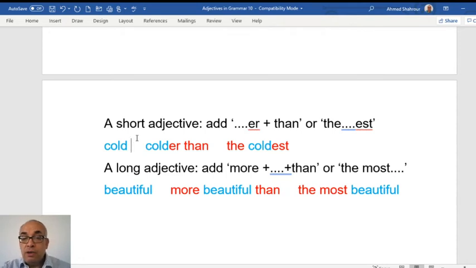So cold, colder than, the coldest. Beautiful, more beautiful than, the most beautiful. I repeat, if the adjective is short, it has 1 syllable, I put er, and then I put the and the est. If the adjective is long, which means it has 2 syllables or more than 2 syllables, I put more and then than, and I put the most.